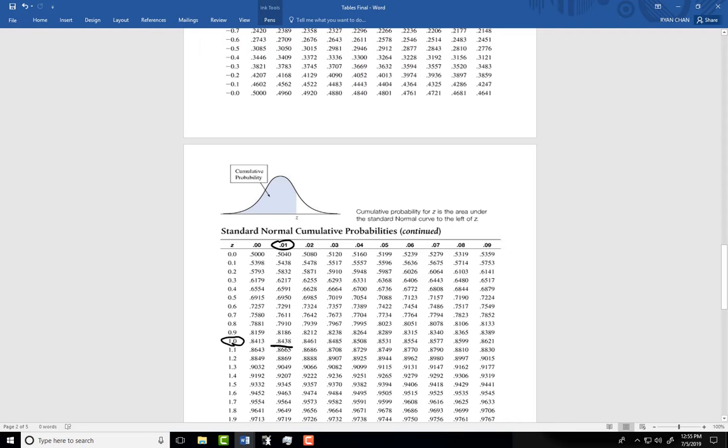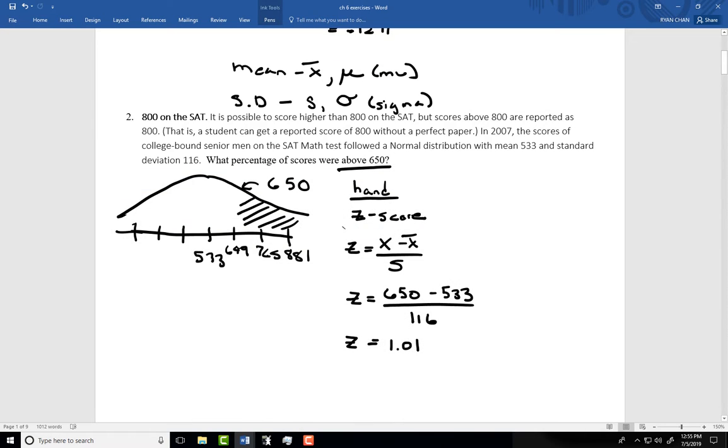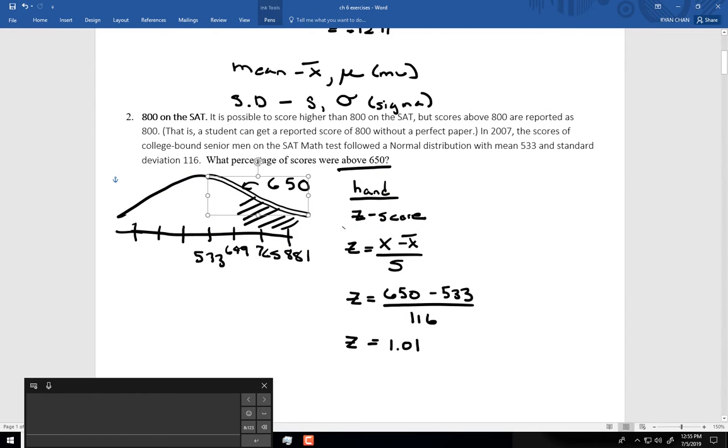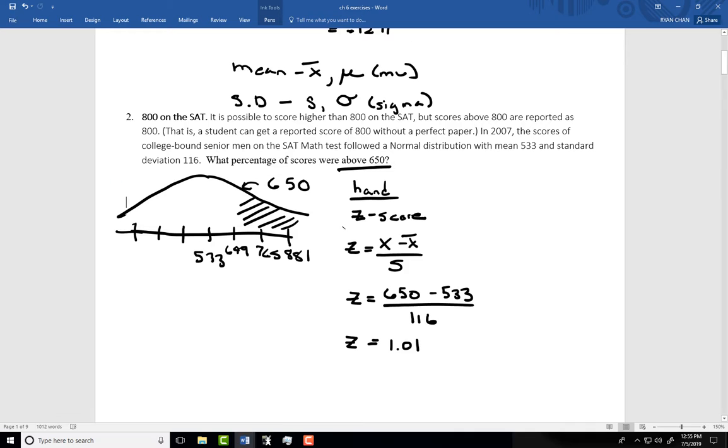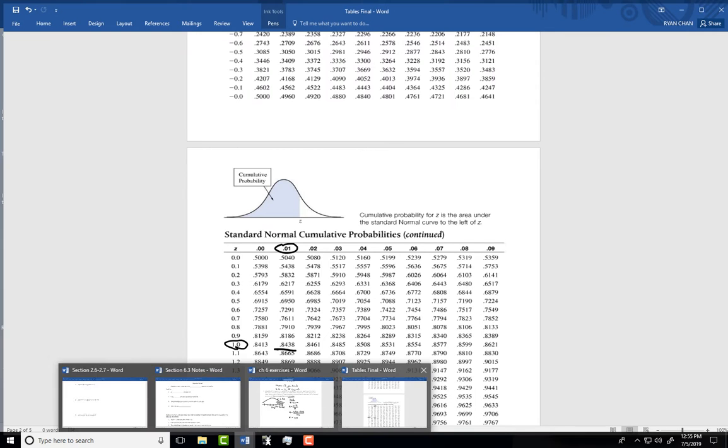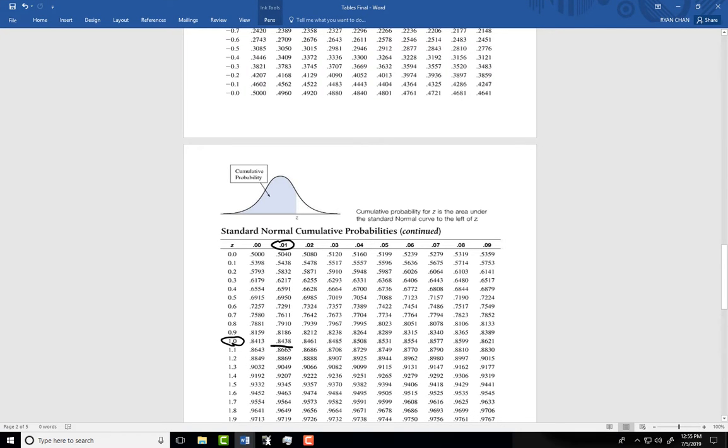84.38% is to the left of 1.01 according to my calculations. But the thing is, I'm being asked to calculate to the right. If you look at your picture, my picture is going to the right, but if I look at the table here, it's going to the left.